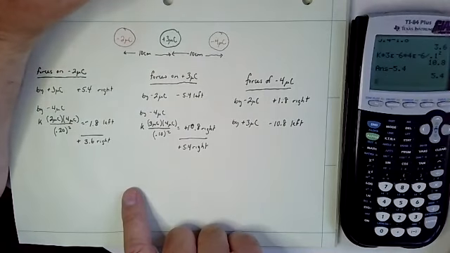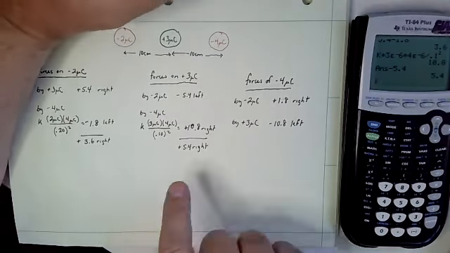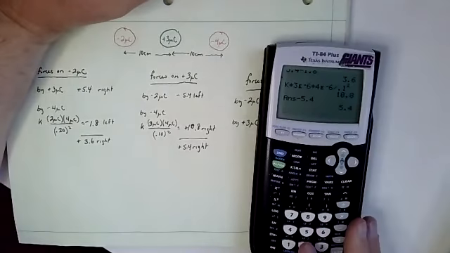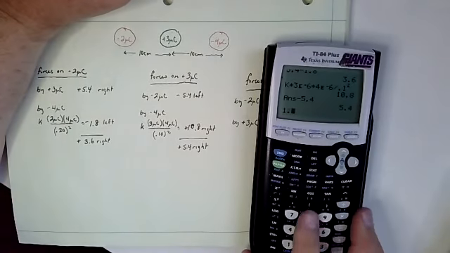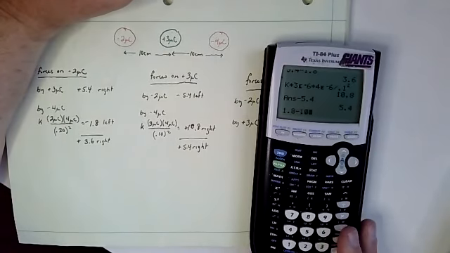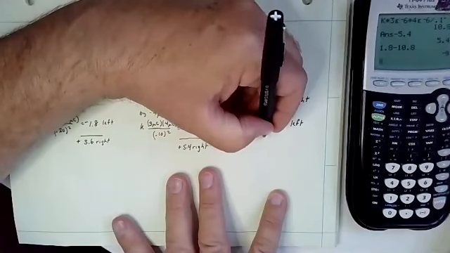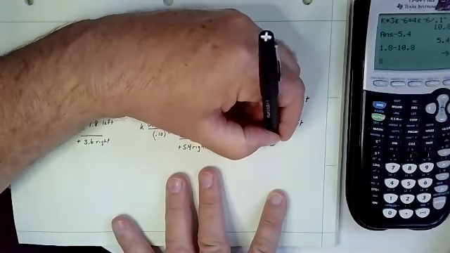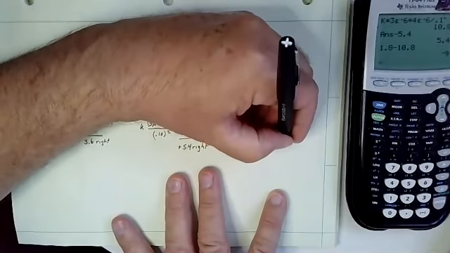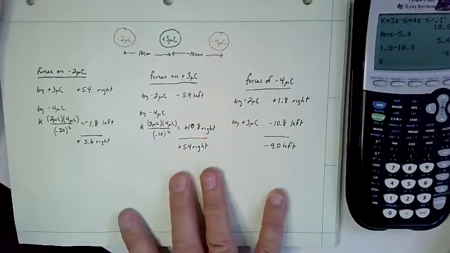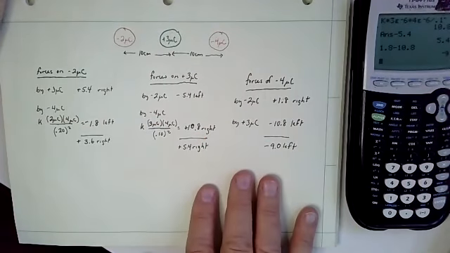Okay, great. So what's up? Well, 1.8 minus 10.8. Yeah, minus 9. And that's a force to the left. Okay, so that's how we deal with collinear forces.